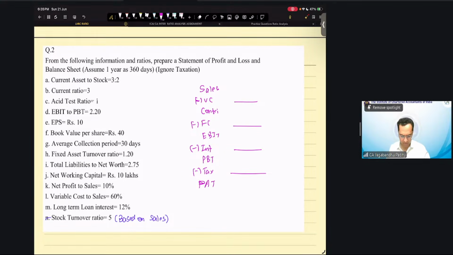Is there any preference share information given? Current ratio, asset ratio, EPS is given, book value per share, net working capital. Okay, there's no preference share given. Of course, this question is going to require a good amount of time.